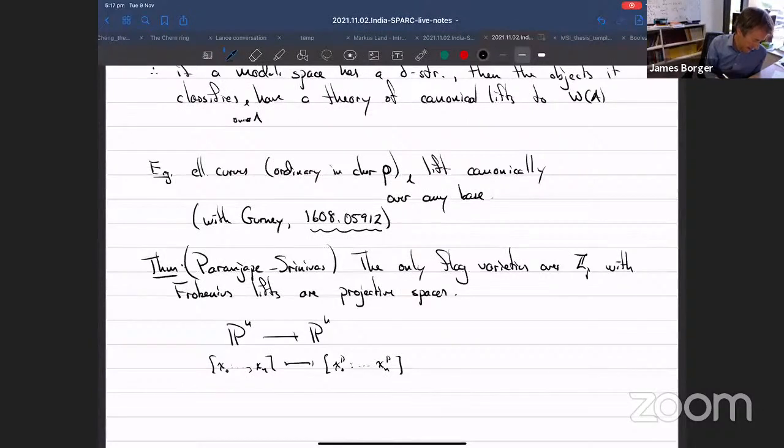Once you define the notion of a delta structure on a scheme properly, then you see that there is in fact a delta structure on projective space. So projective space does have them, but Grassmannians and other flag varieties don't. Thanks.